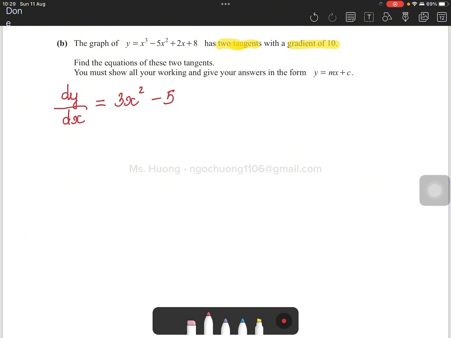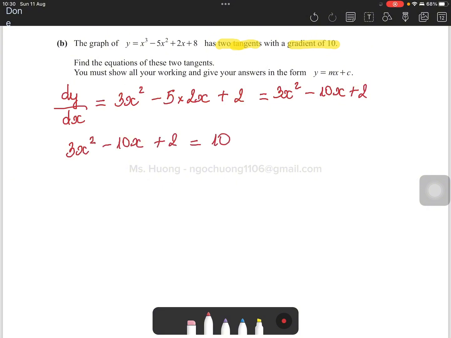The derivative of x squared is 2x, and the derivative of 2x is only 2. The derivative of 8 is 0. So we'll simplify this as 3x squared minus 10x plus 2. And you know that the gradient of these two tangents is 10. This means 3x squared minus 10x plus 2 is equal to 10.